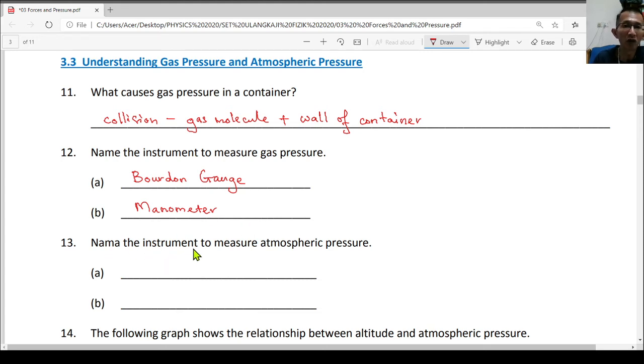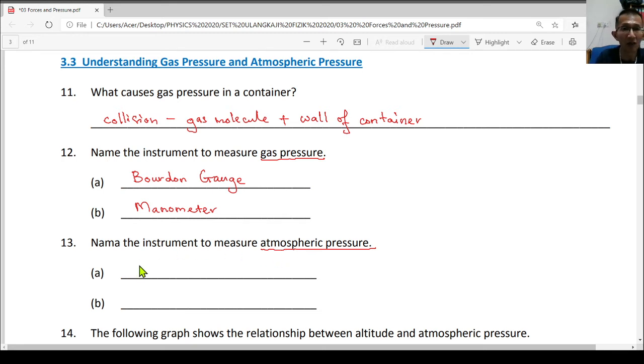13. Name the instrument to measure atmospheric pressure. Here we want to measure atmospheric pressure, while question 12 is to measure the gas pressure. So what are the instruments that we use to measure the atmospheric pressure?